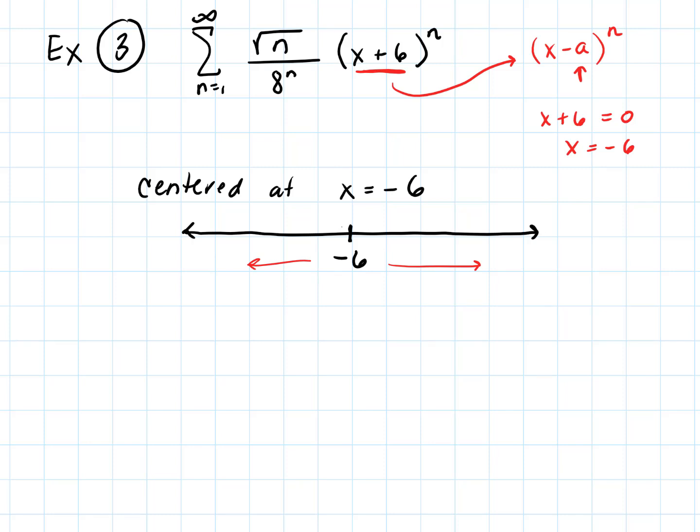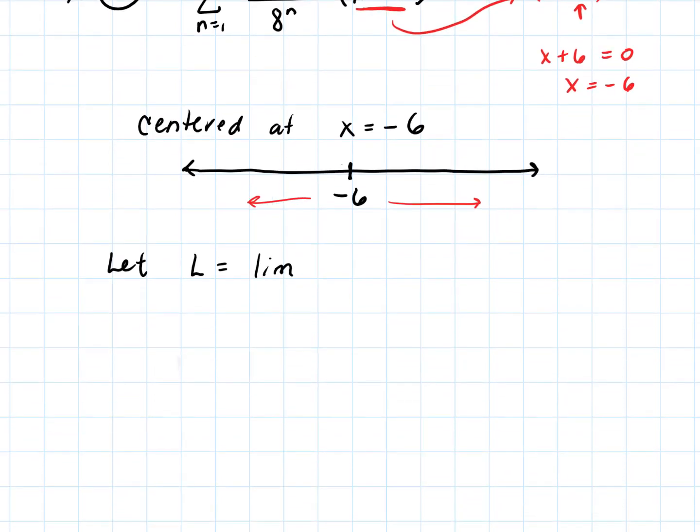To do that, after we figured out where we're centered, the next thing we're going to do is apply either a root test or a ratio test and come up with that radius of convergence. So let's go ahead and say let L be equal to, I'm going to go ratio here.